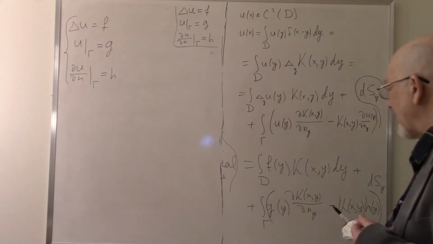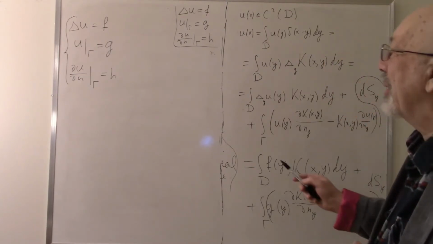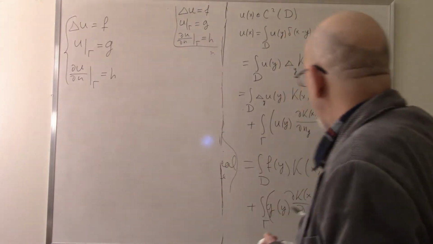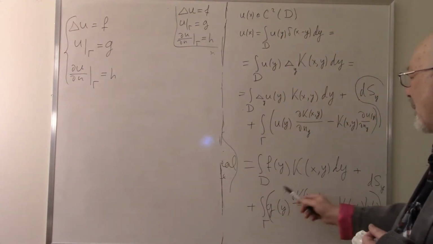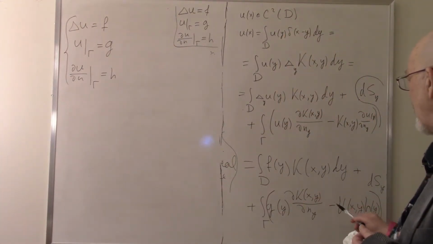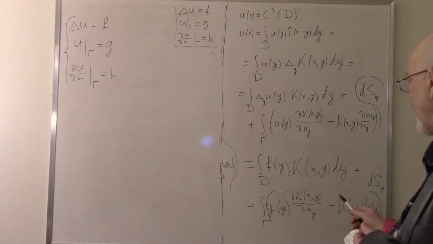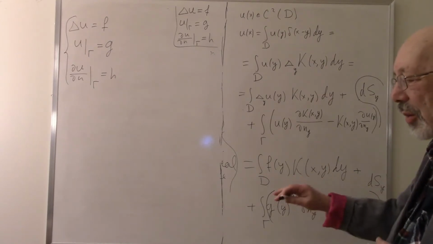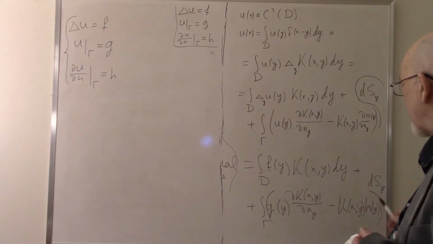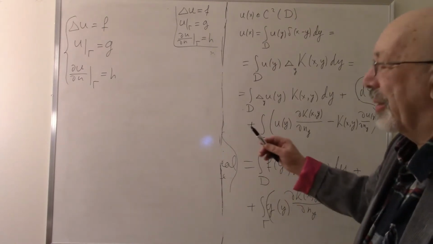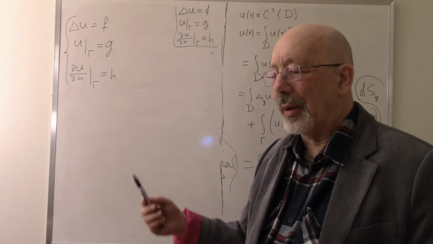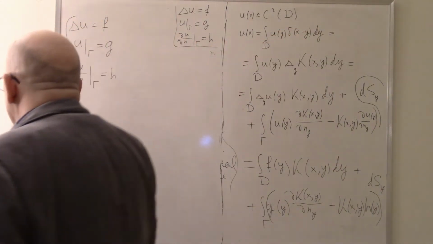I mean, what we get will not satisfy the boundary condition, because this term will change the normal derivative on the boundary. This term will spoil the value of the function on the boundary.